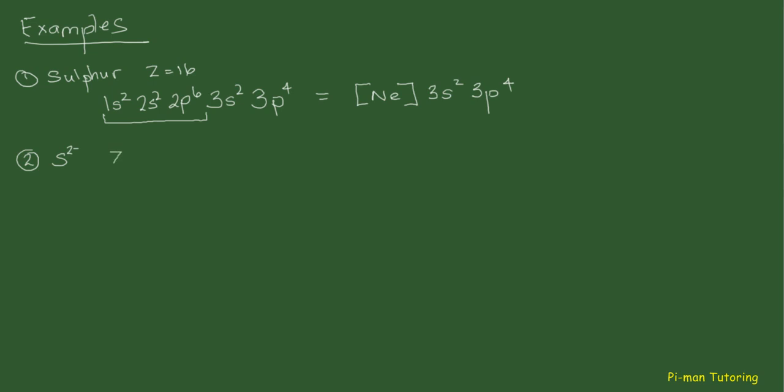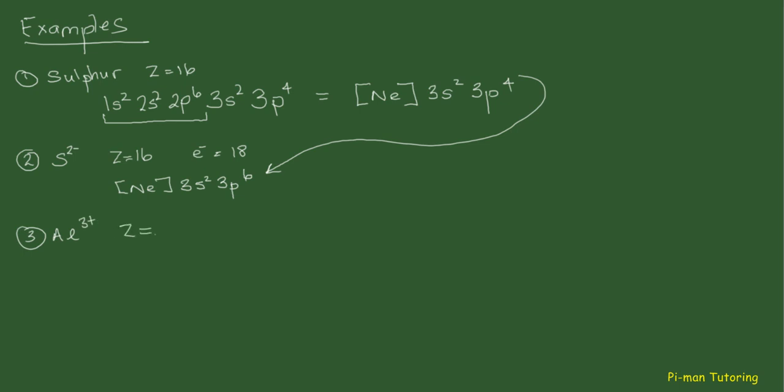So the atomic number is still 16, but the number of electrons is 16 plus 2. So we've got 18 electrons altogether. And so our configuration is the same as for the atomic sulfur, except that we have 3s2 and 3p is now 6, with those 2 extra electrons to take us from 4 to 6. Let's look at another ion, Al3+.